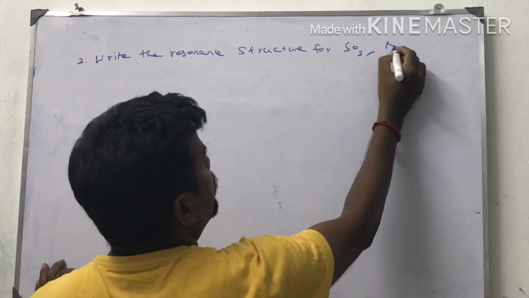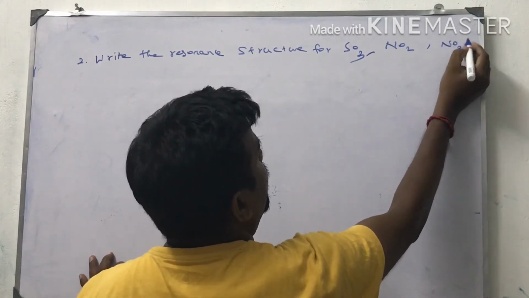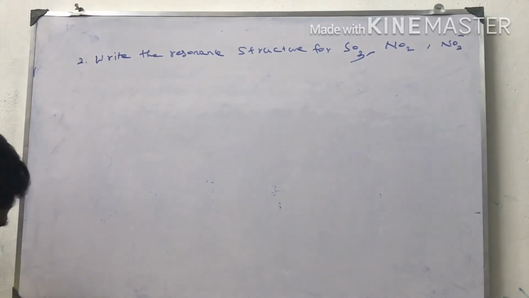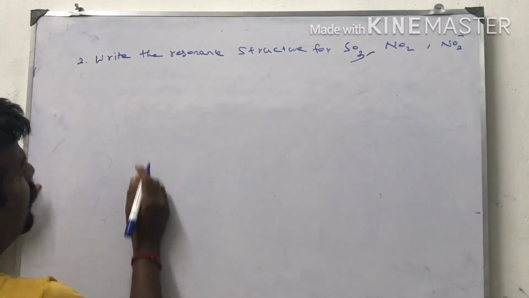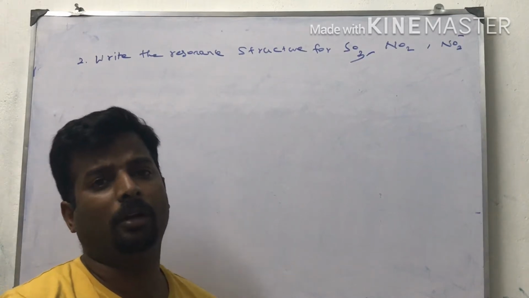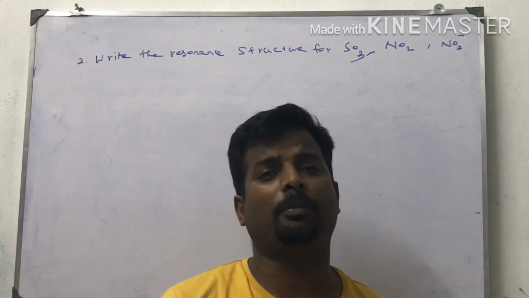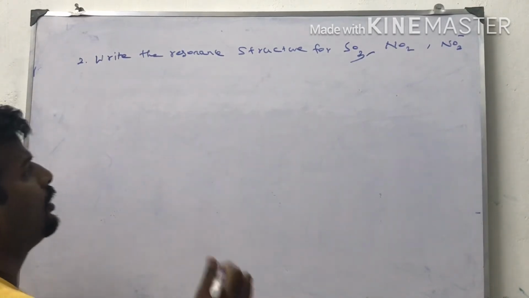First I am going to draw the resonance structure for sulfur trioxide. These types of molecules have more than one structure, which explains the shape of the molecule with proof. That's why we are writing resonance structures.